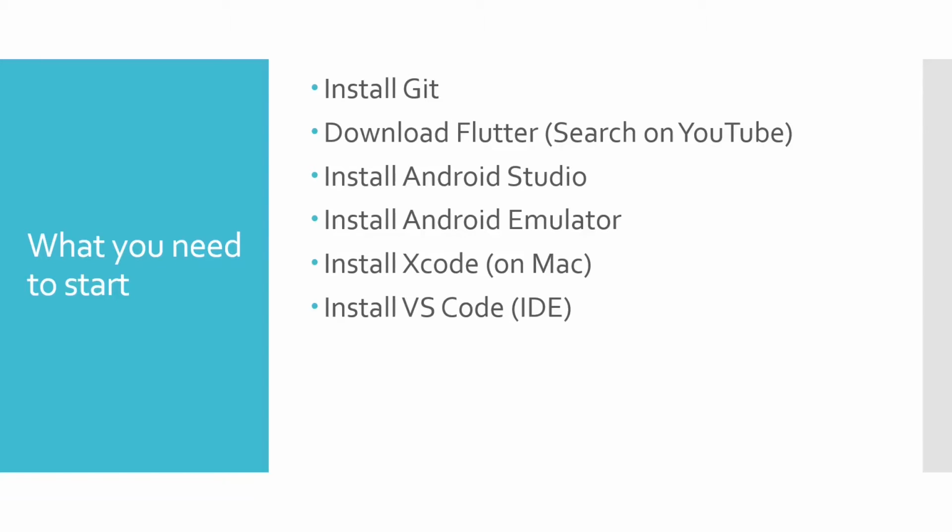Android Studio will have the SDK manager, which allows you to run the Android emulators. And if you're on a Mac, you need to install Xcode. And lastly, install Visual Studio Code, which is an IDE.